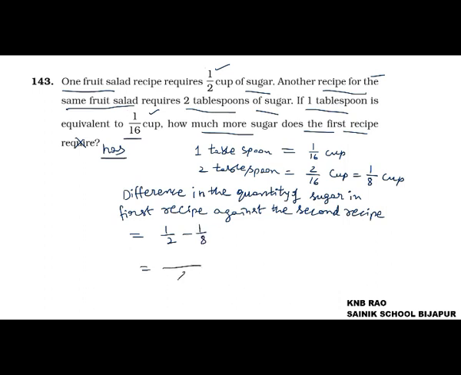LCM is 8. So 2 in 8 for 4 times, 4 ones are 4, minus 1 gives 3/8. So 3/8 cup of sugar is more in the first recipe. That's it. This is the 143rd question.